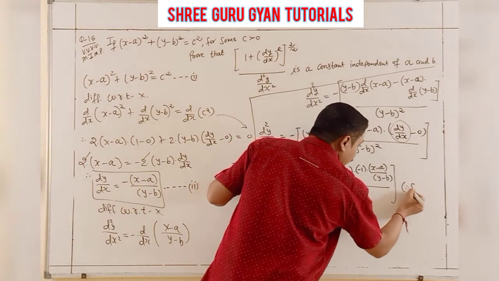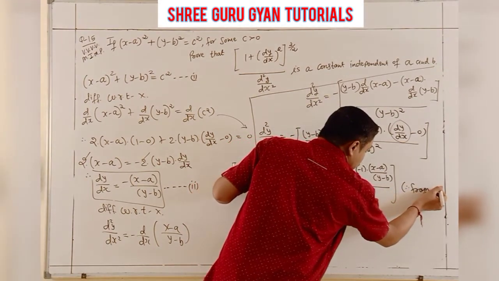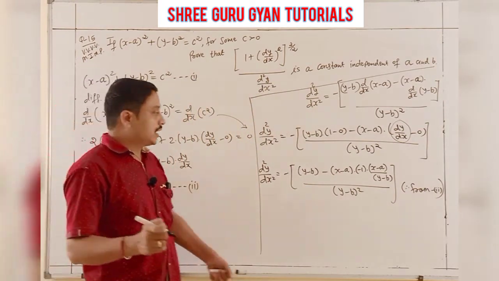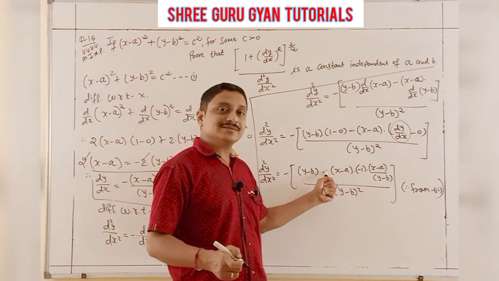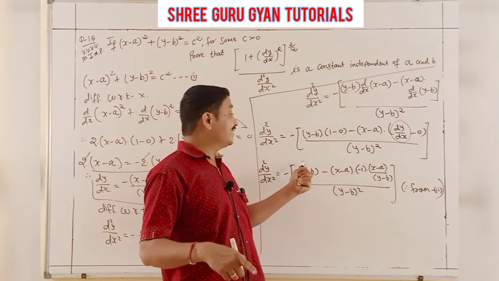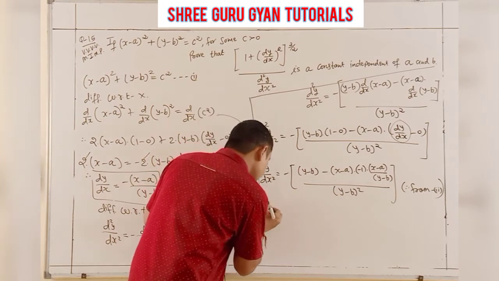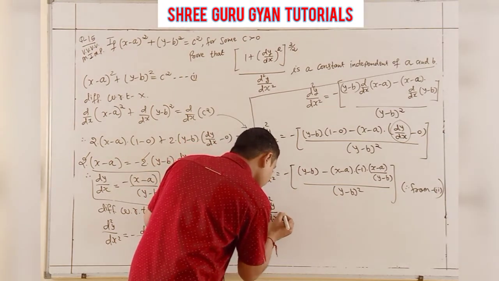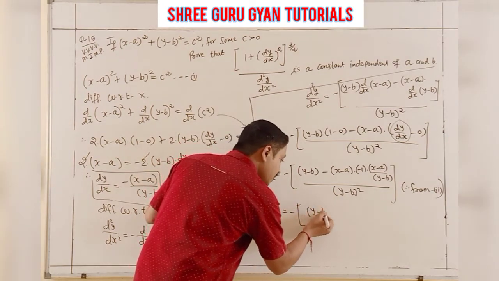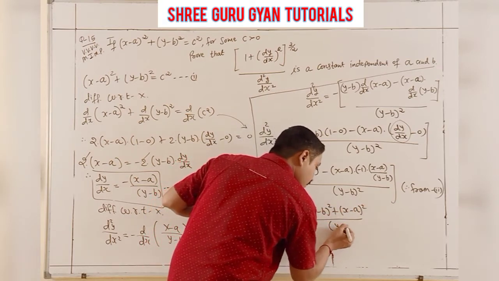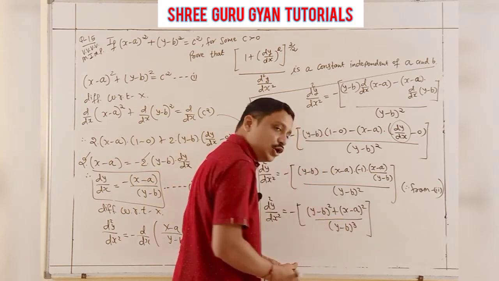And declare here from 2, because you apply the second equation. Now look at that, minus minus plus, multiply by the LCM, and also multiply it by minus b. So my value is (y minus b) square plus (x minus a) square upon (y minus b) raised to cube.